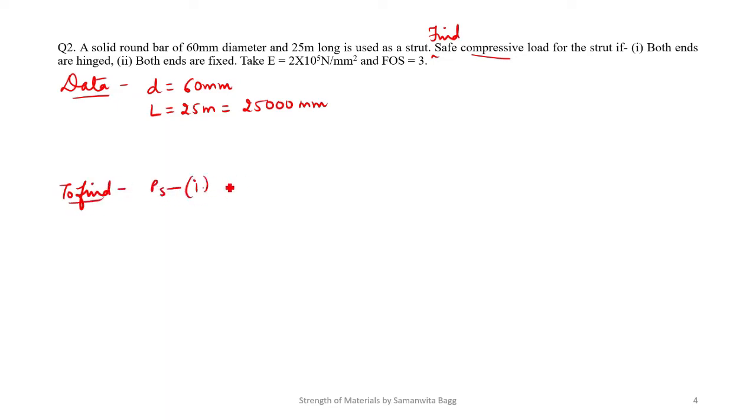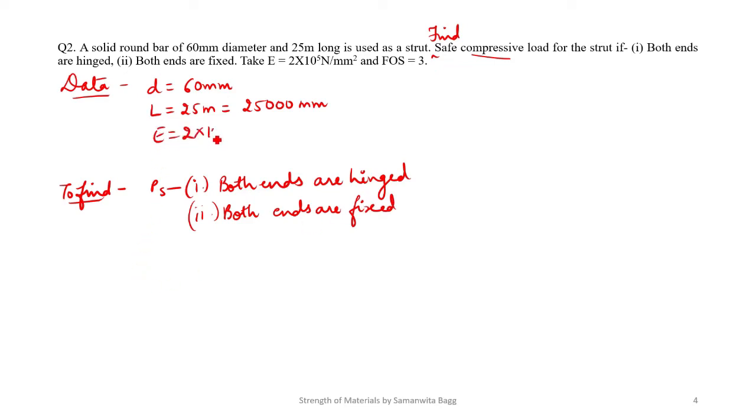For the first case, it is given that both ends are hinged. And for the second case, it is given that both ends are fixed. The value of E is given as 2 into 10 raised to 5 Newton per mm square, and factor of safety is 3.